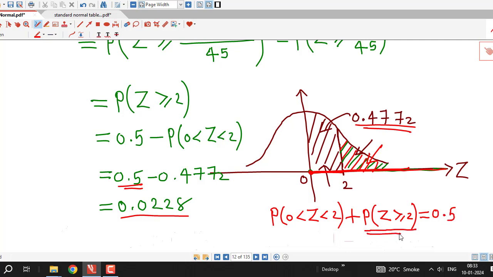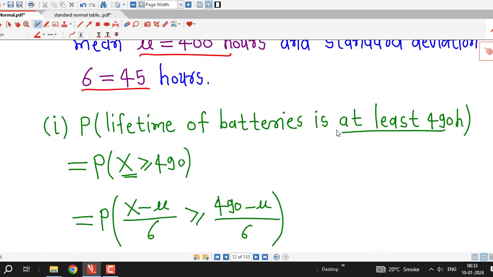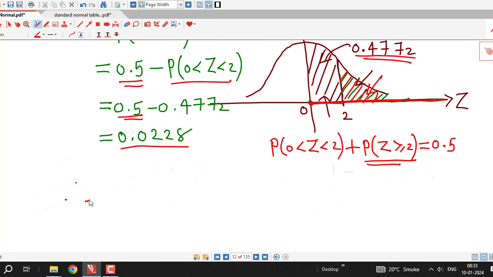Therefore, this area is equal to 0.5 minus probability that Z lies between 0 and 2. So this is the probability that lifetime of batteries is at least 490 hours, and we are asked to find the percentage of batteries. So for that we will multiply this probability by 100.